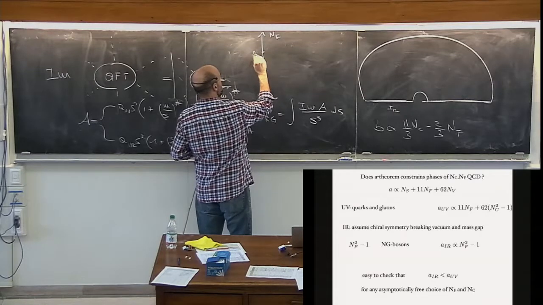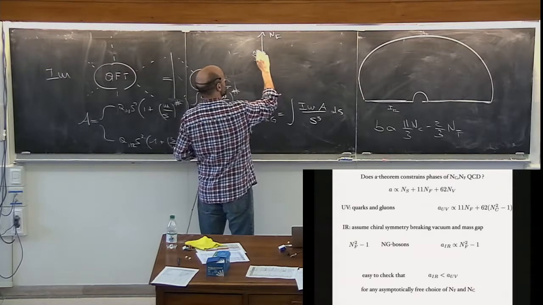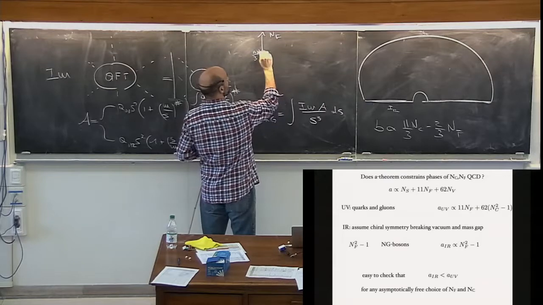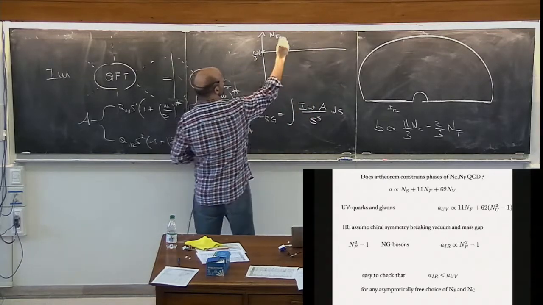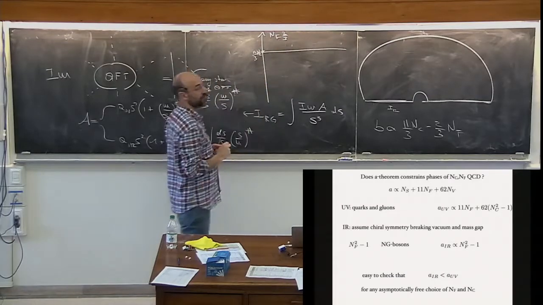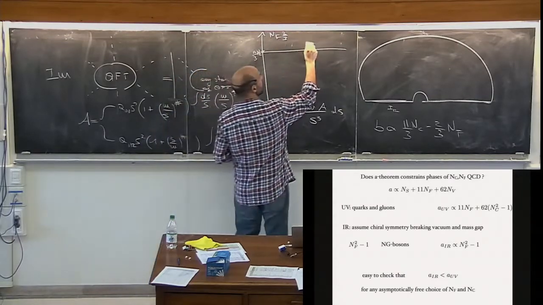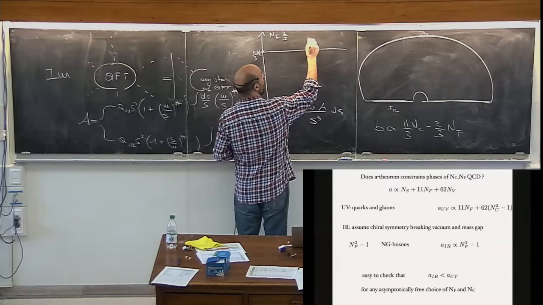So when 2/3 the number of flavors is bigger than 11/3 the number of colors, the theory is IR free.